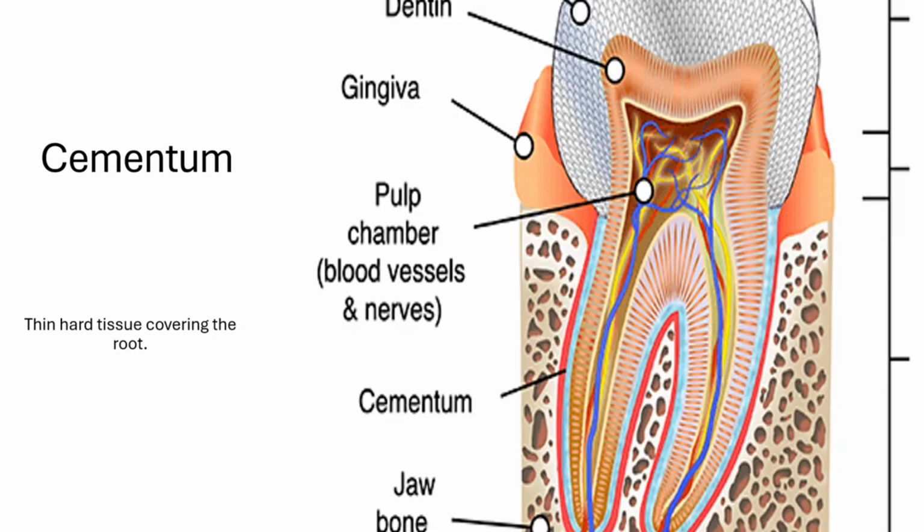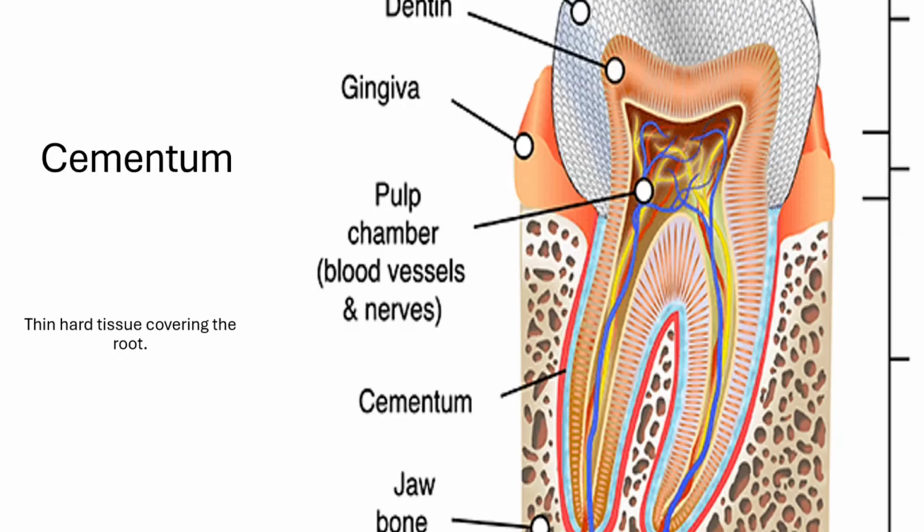Between the tooth root and the jawbone, there is a very important tissue called the periodontal ligament, often called PDL. The periodontal ligament acts like a natural shock absorber. A tooth is not directly fused to the bone.